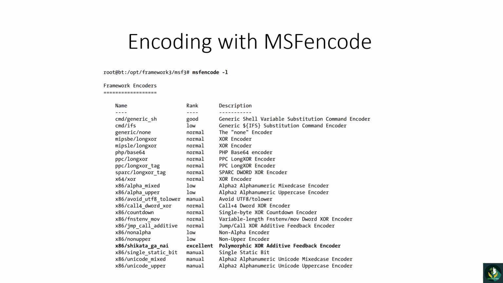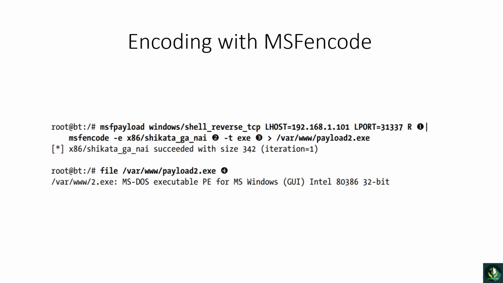Now we will run a simple encode of the msfpayload output by importing the raw output from msfpayload into msfencode to see how the result affects our antivirus detection. First we add the R flag in here, as you can see, to the msfpayload command line to specify the raw output, because we will pipe its output directly to msfencode.